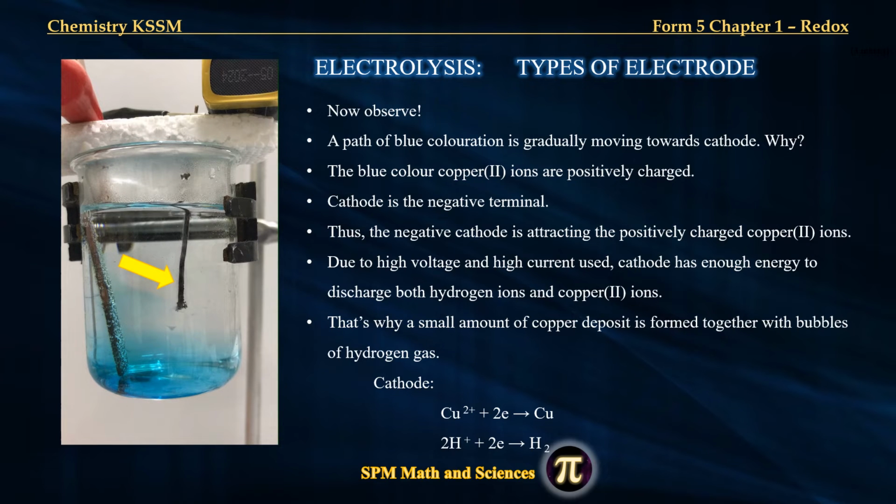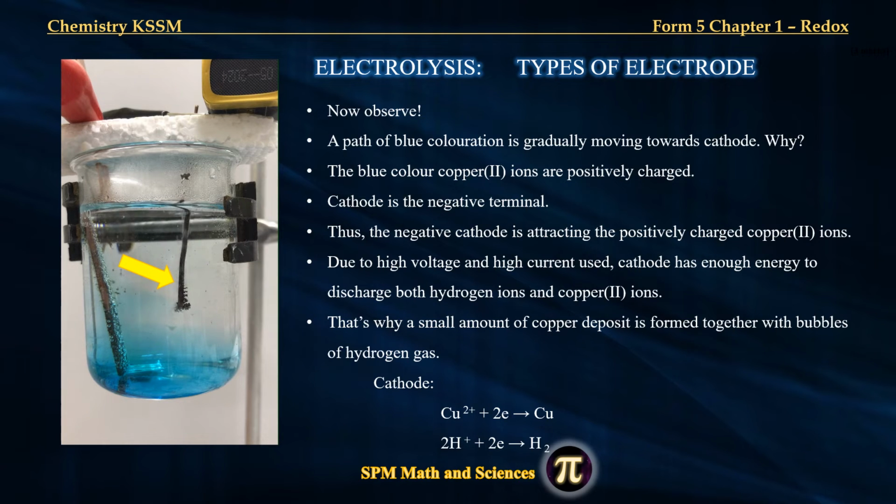The blue copper 2 ions are positively charged, so the positive ions are attracted by the negative cathode. That's why a path of blue coloration, shown by the yellow arrow, is gradually moving towards the cathode.